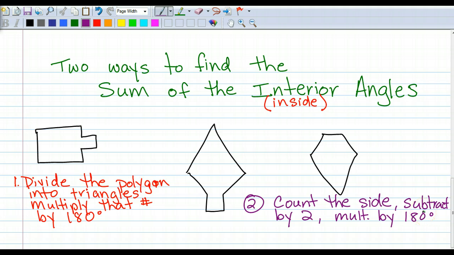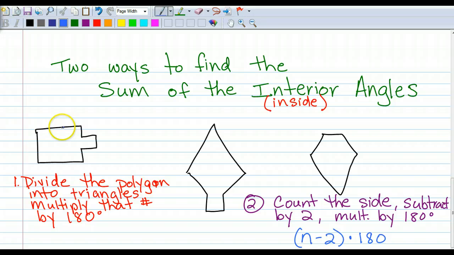And there is a formula for that. And it looks like this. We're going to make n stand for the number of sides. So you're going to have the number of sides, n minus 2. You do that first, and then you multiply by 180.